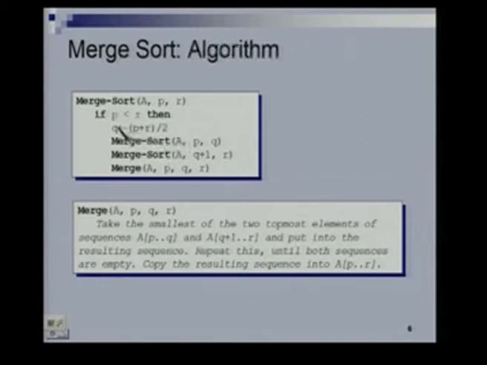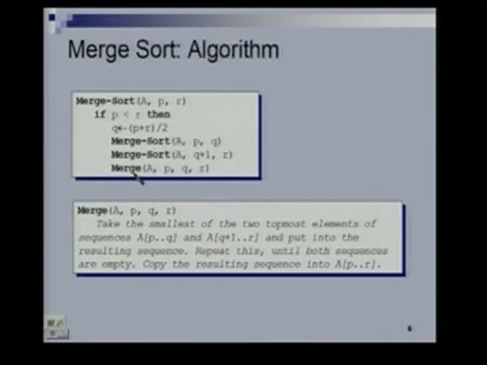I am saying from P to Q sort the first part of the array, from Q plus 1 to R sort the second half of the array, using the same merge sort procedure, right. And once you have this part and this part sorted, you have to combine.